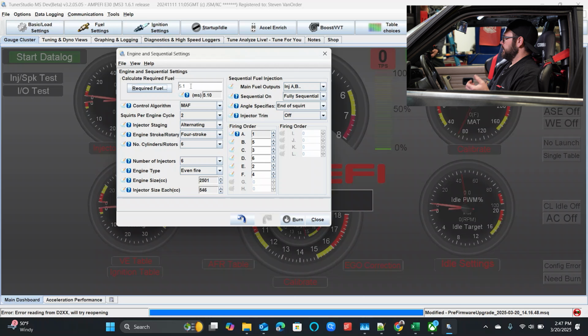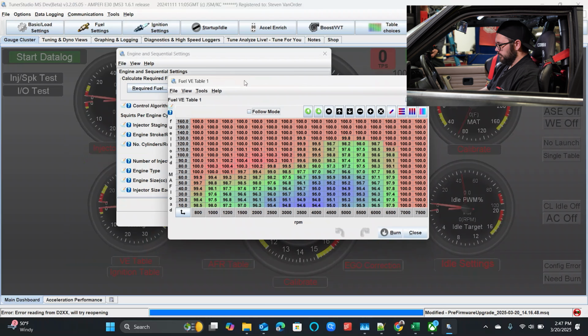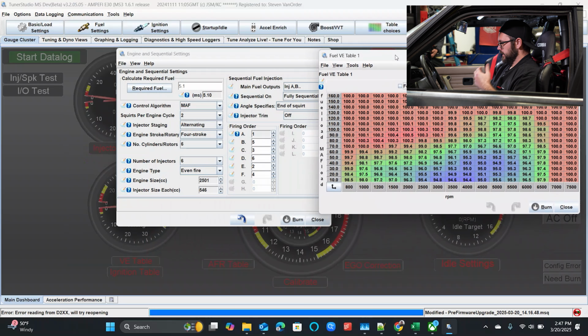The required fuel acts like a scaler, okay? Your VE1 table here. Now, of course, this table looks different because it is a mass airflow table. This does not equate directly to a speed density table. So don't mind the numbers here.